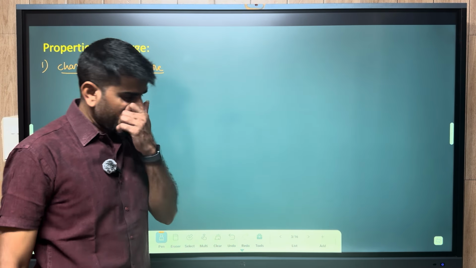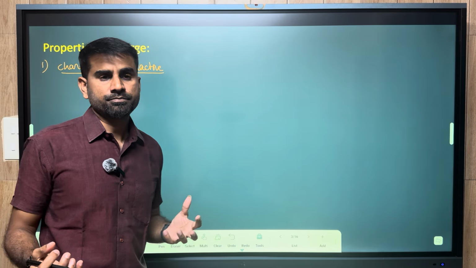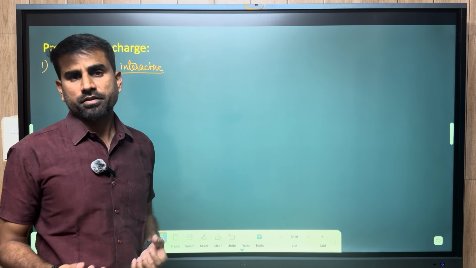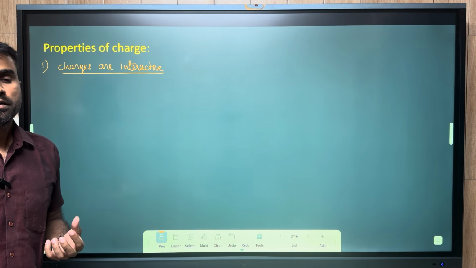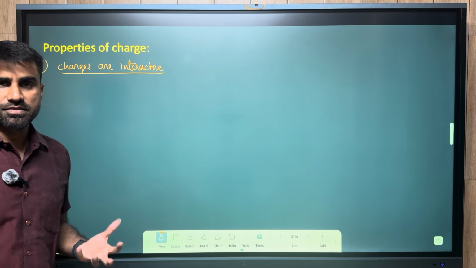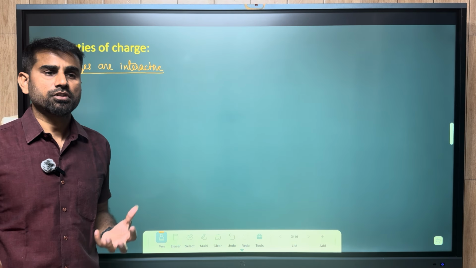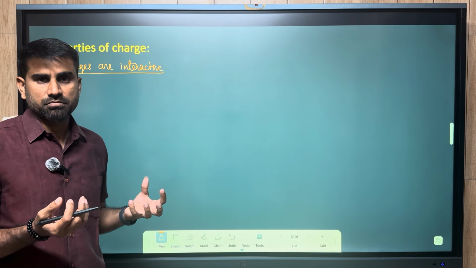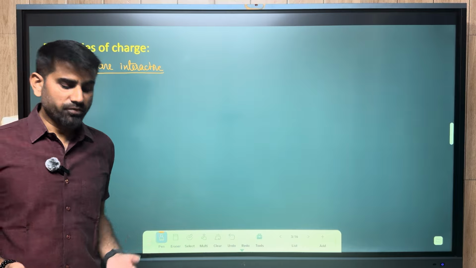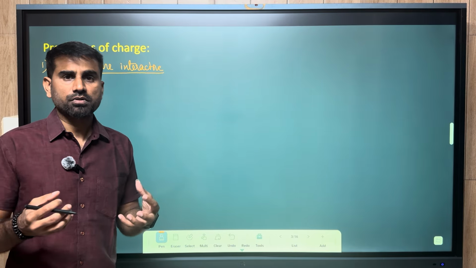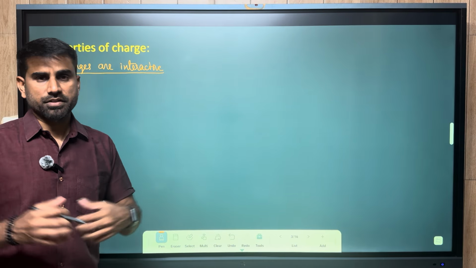This means when we place charges relatively close to one another, each of these charges will exert some sort of electromagnetic interaction on the other charge. Or simply we can say they exert electric force on each other.